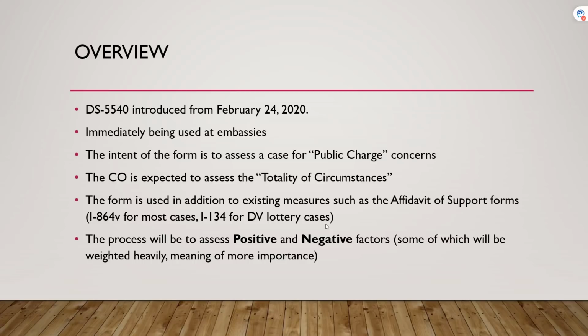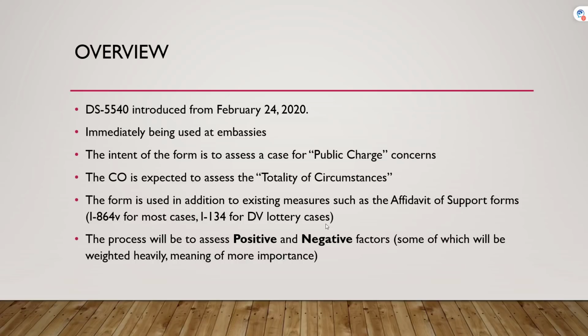And the process is a process of assessing some factors within the form which are considered either positive or negative factors, right? And some of the factors will be weighted heavily, meaning those weighted heavily factors are of more importance than the other factors.